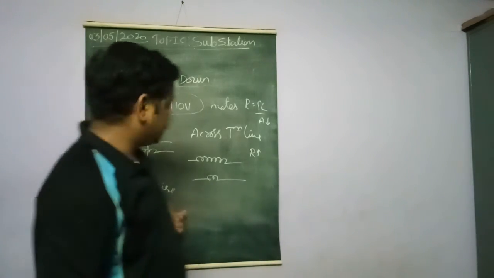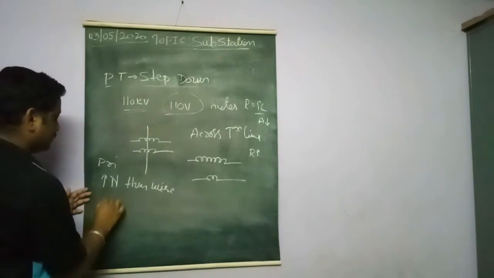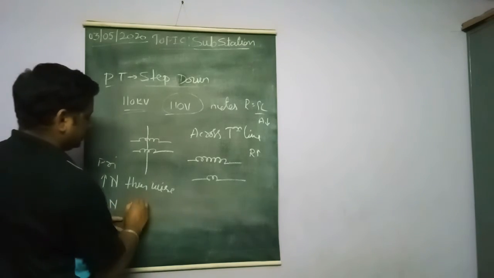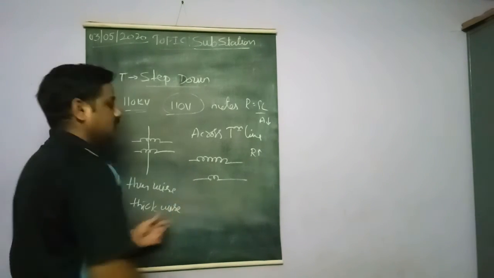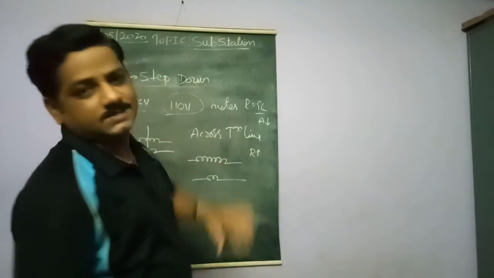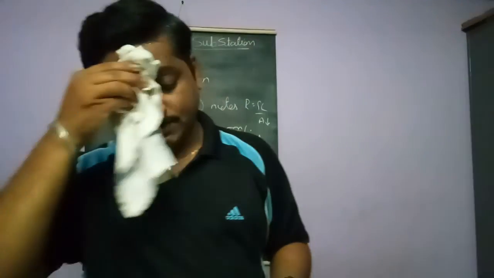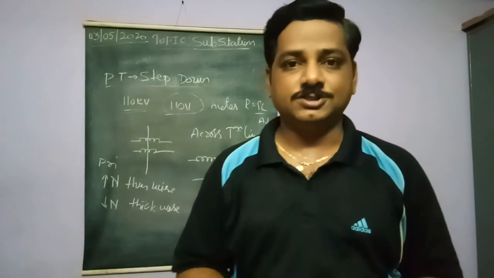In CT, this condition was there for the secondary. Secondary will have fewer turns and a thick wire, so that the resistance will be low and the voltage output we are getting will be low. Right? This will be connected across the transmission line. So these are some major points which you need to remember. Potential transformer and current transformer are used to measure high voltage parameters in a transmission substation. Okay.